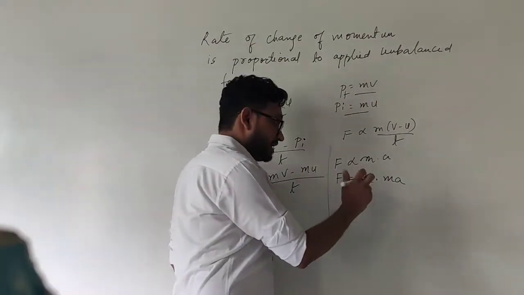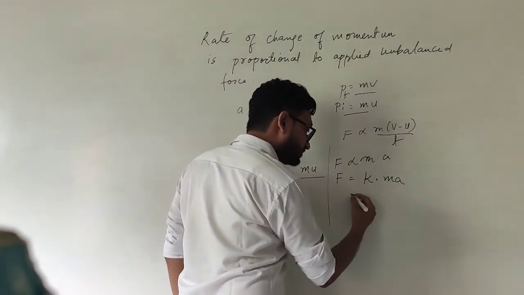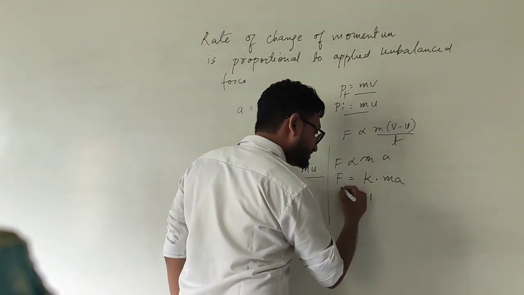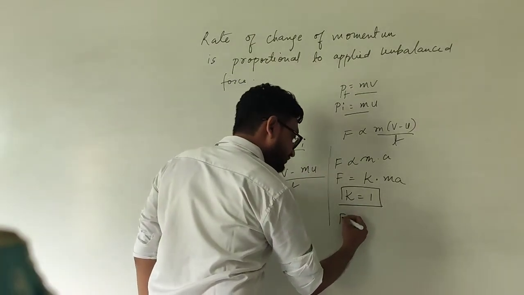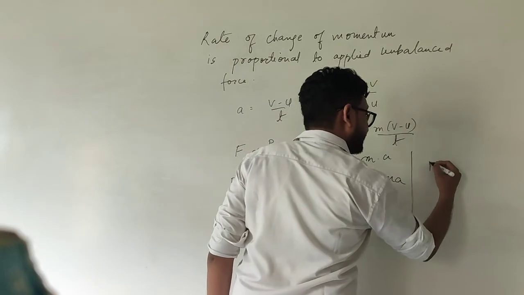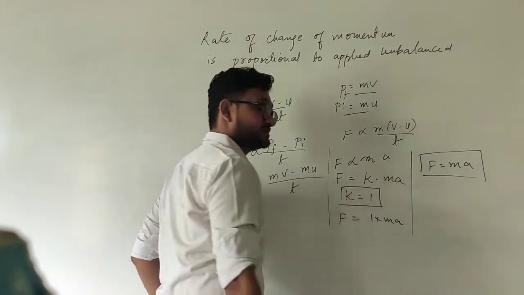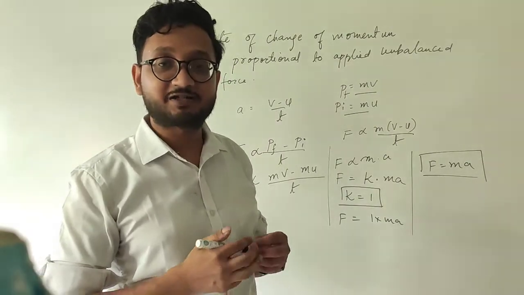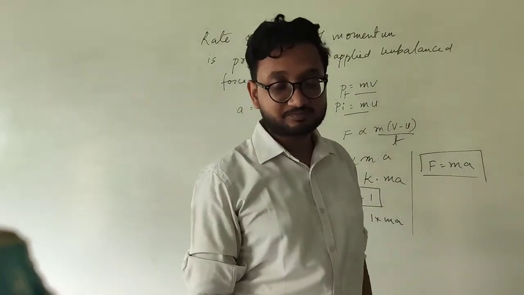Okay? And by many different scientific researches, it has been found that the value of k is 1. So what you get is F is equal to 1 into ma, and finally F is equal to m into a. So this is your final answer and final formula to find the force, that is mass into acceleration.